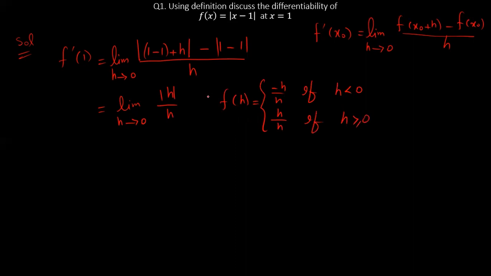So now this is the function, and we need to calculate the limits. We know how to calculate limits for a piecewise function: we have to find the left hand limit and the right hand limit. We calculate the limit as h approaches 0 of f of h, and this is the left hand limit, so we'll put a minus over here to represent it.